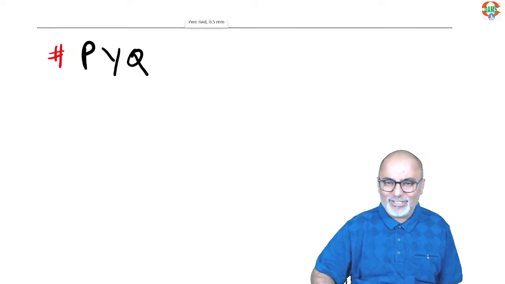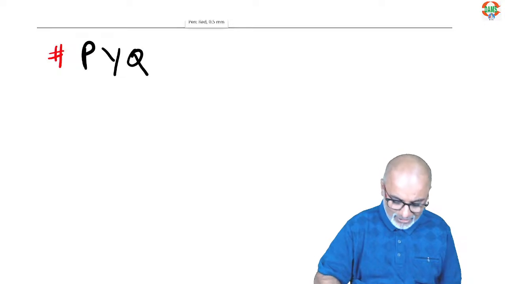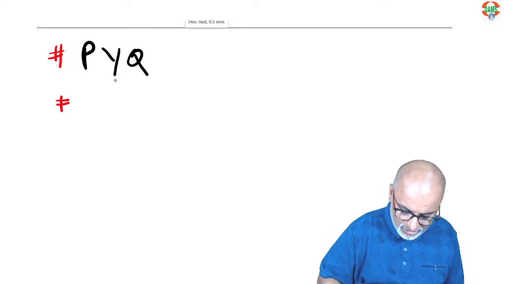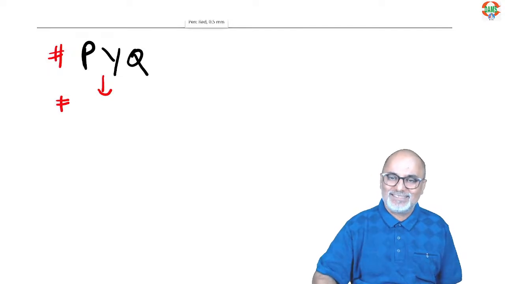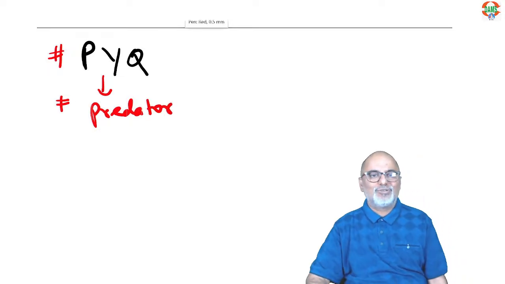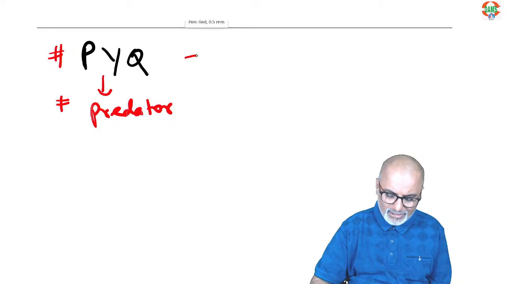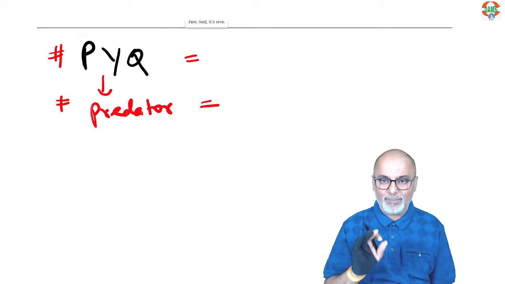I'm not going to teach anything new today. Today is fully strategy and questions. Number two, based on that, we are going to predict some areas. That is the predictor. PYQ means lessons learned, predictor means possibilities. Based on what we see in the future, in the present we'll plan.